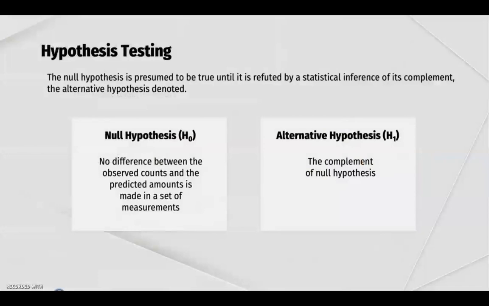In hypothesis testing, two basic definitions are necessary to be explained: null hypothesis and alternative hypothesis. Null hypothesis claims that no difference between the observed counts and the predicted amounts is made in a set of measurements, while alternative hypothesis is the complement of the null hypothesis.